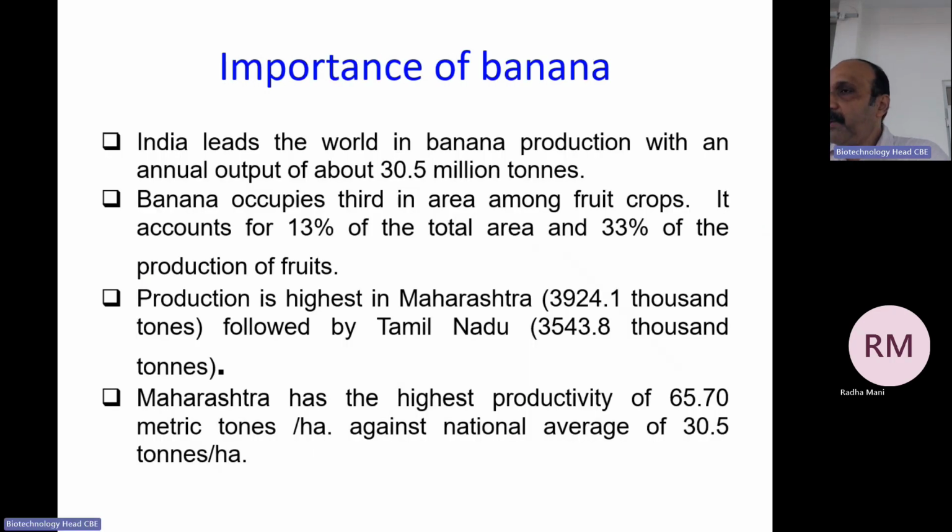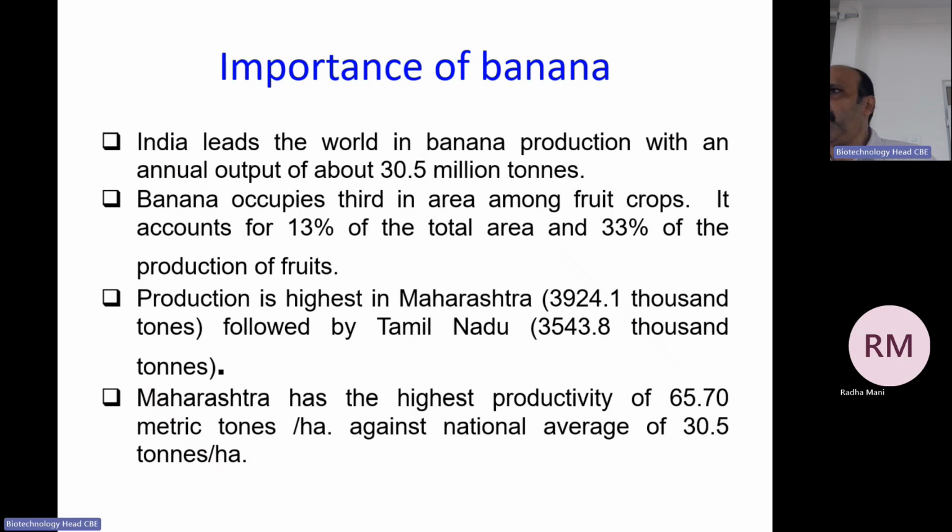So first, banana, the most marketed tissue culture crop is banana. India leads the world in banana production with about 30 million tons. India is the largest producer, and the second is China. Between China and India there is a 20 million ton difference.